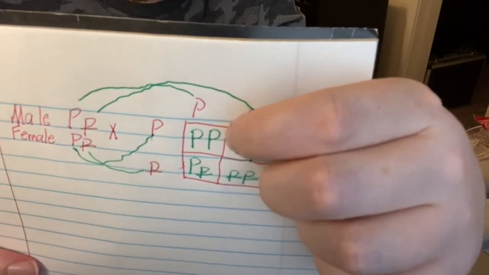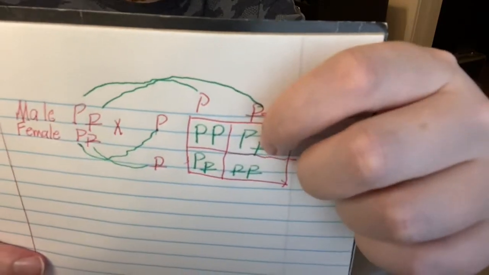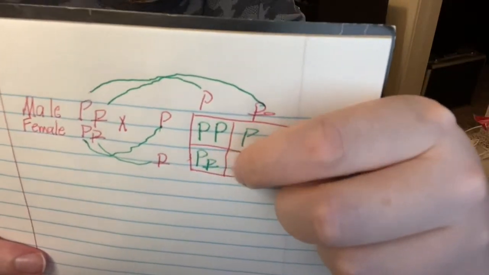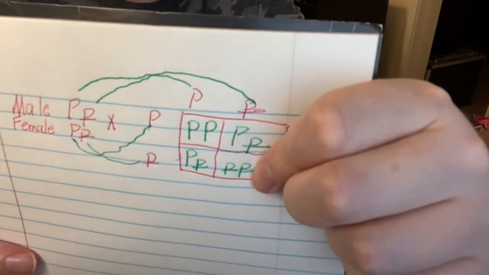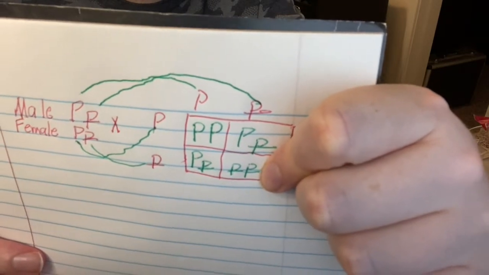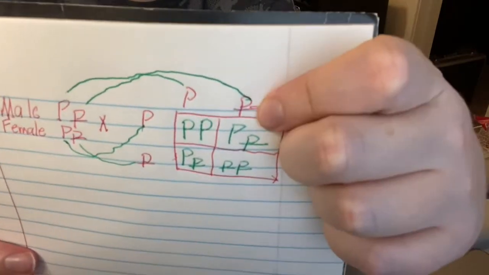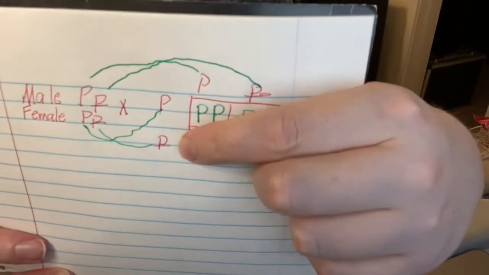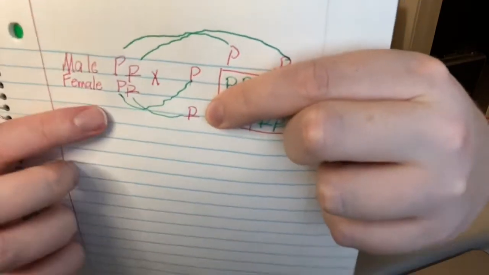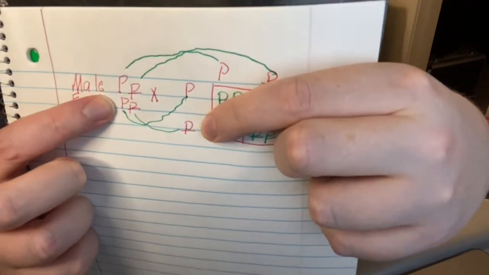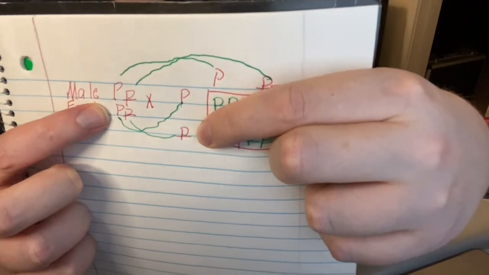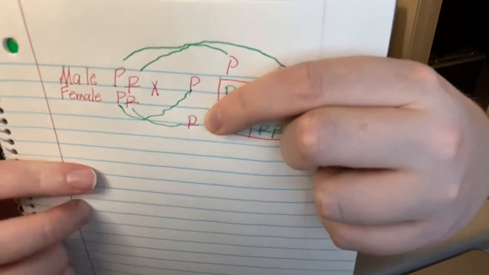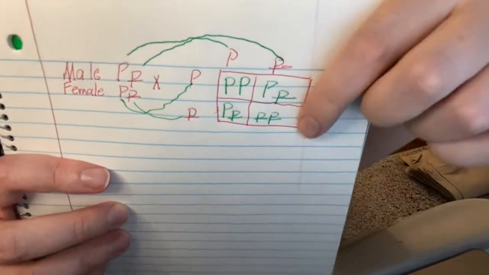Big P comes across there, across, and across there. So each of these represents a gamete that each of these separated into. And this is how you do a Punnett square.